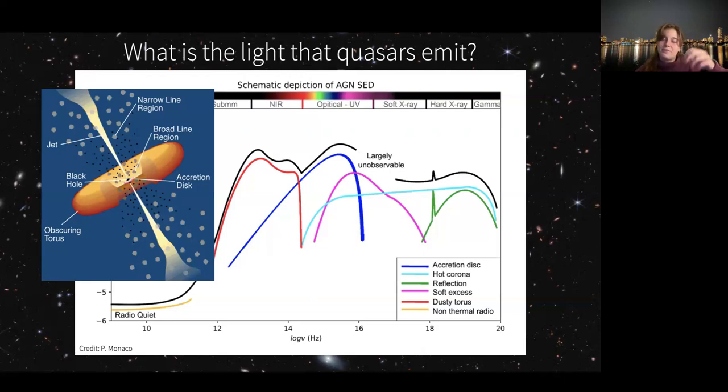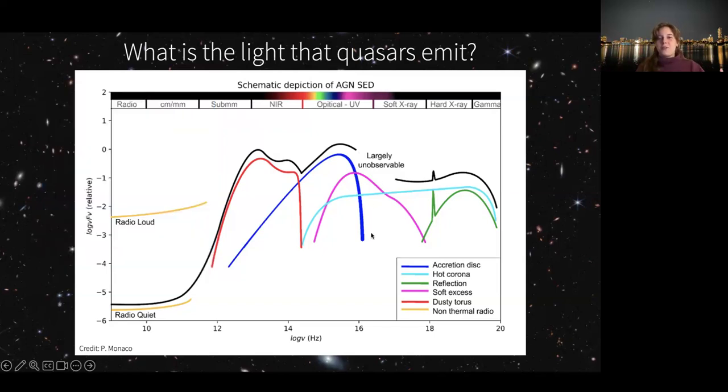This is also useful to try to figure out how long these quasars have been accreting. I could go into more detail, but I don't want to spend too much time on it. The punchline here is that quasars emit radiation across the whole electromagnetic spectrum in general.